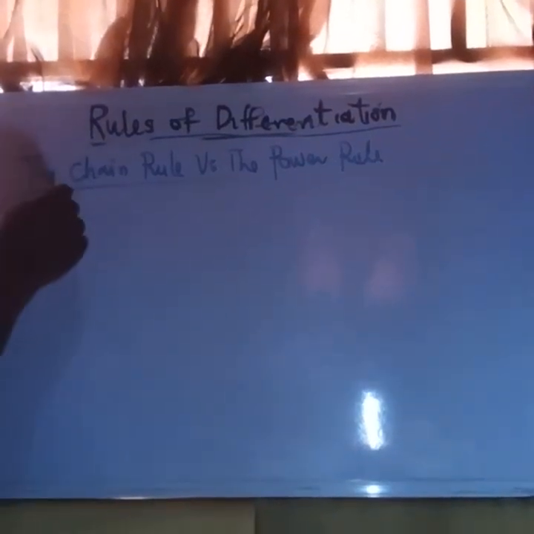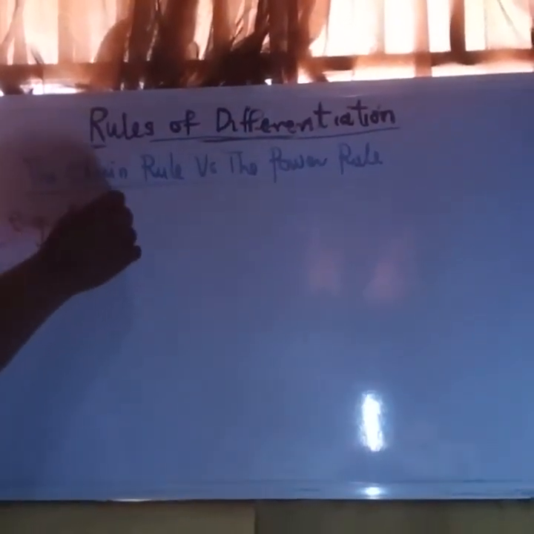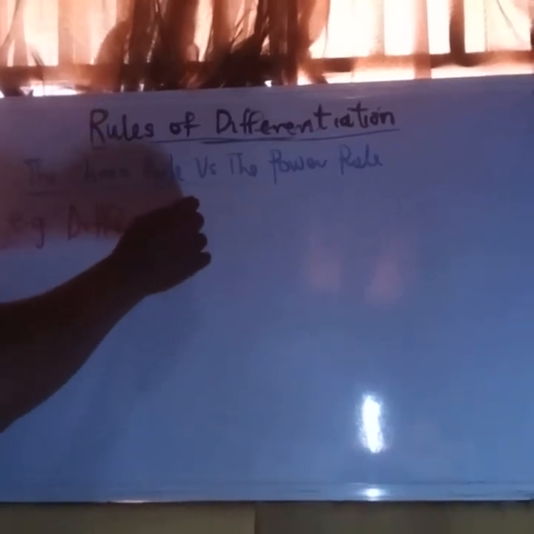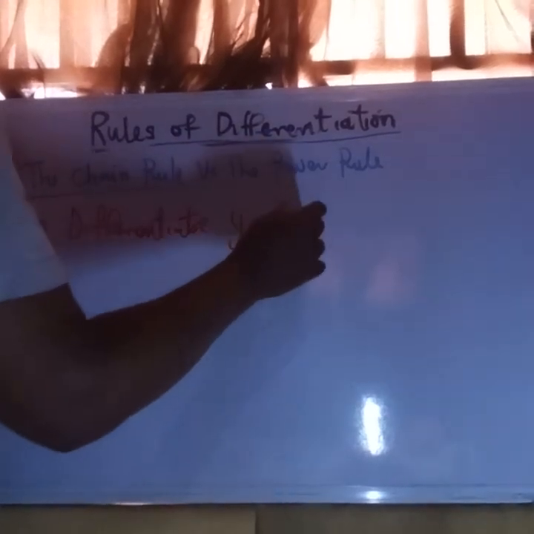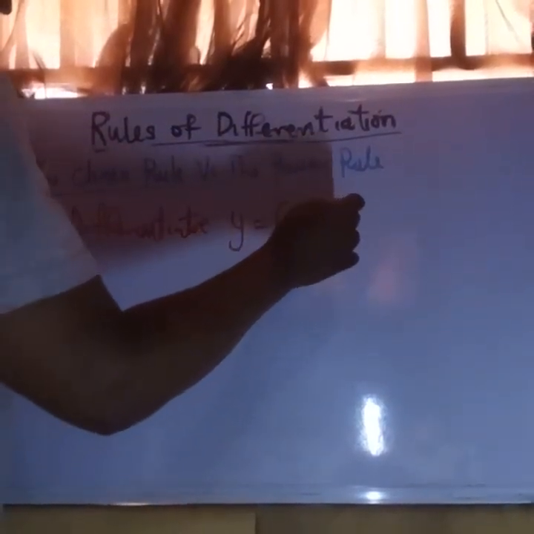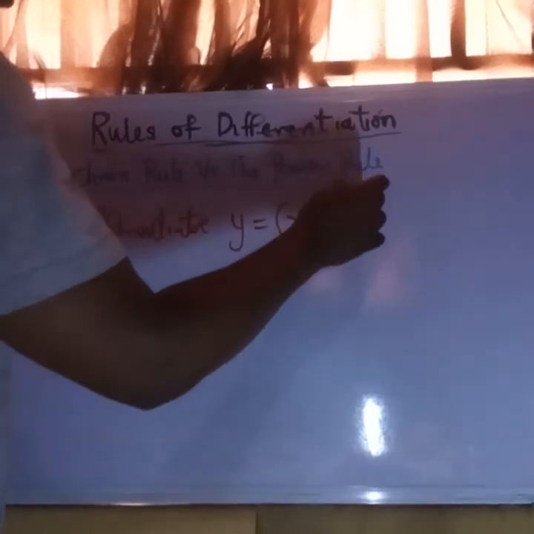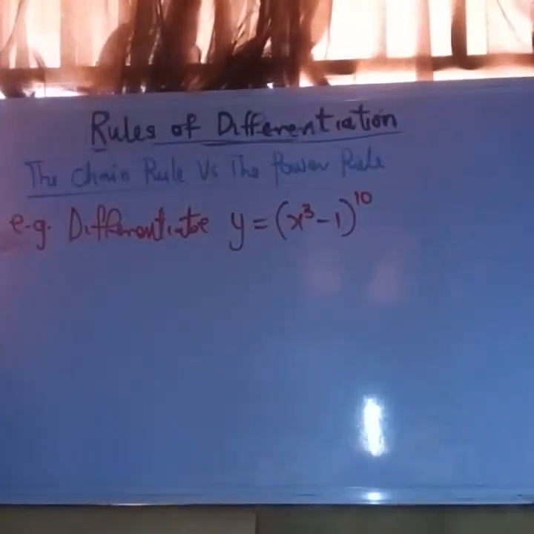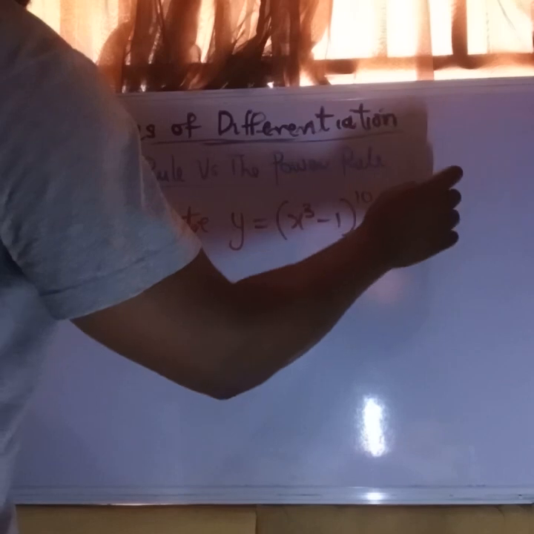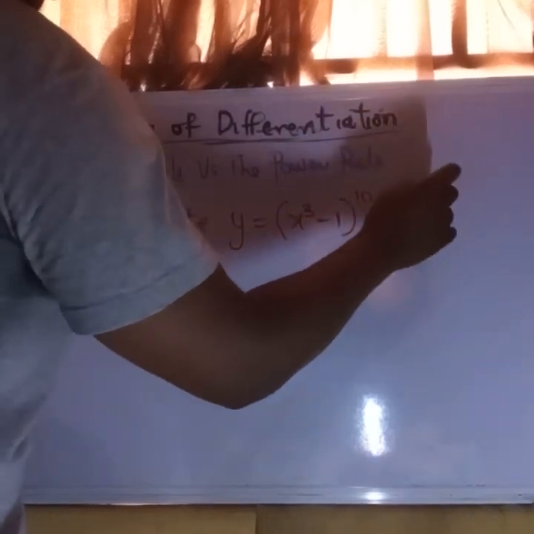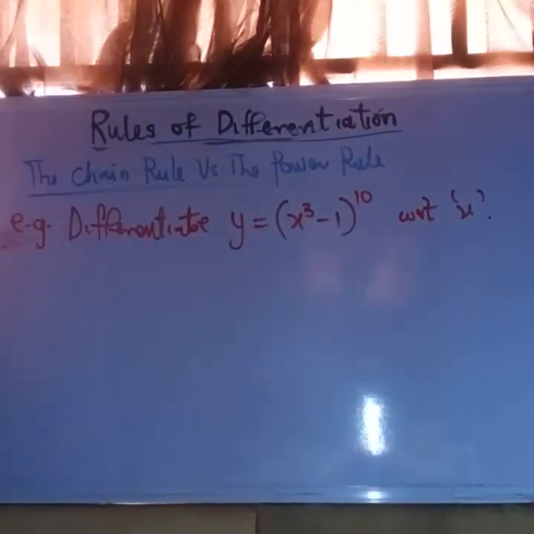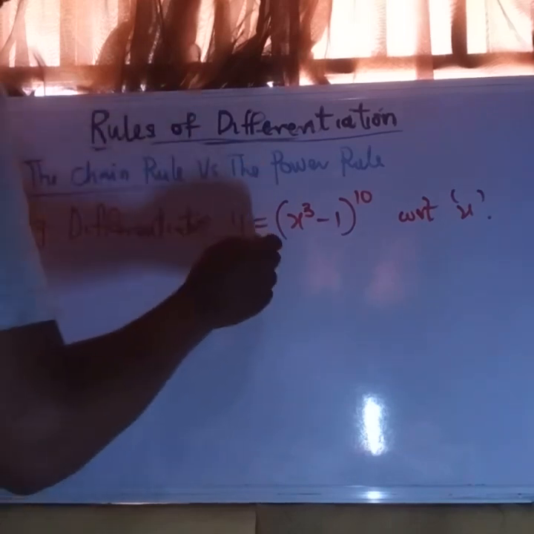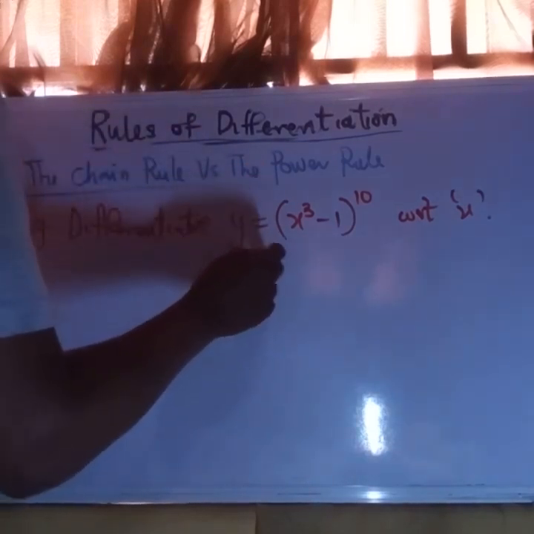If you are asked to differentiate the function y equals x cubed minus 1, raised to the power of 10, with respect to x, compare this with what we had earlier.